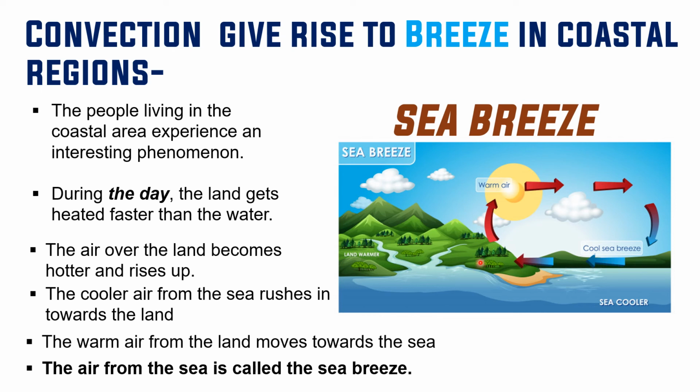This continues, and the breeze from the sea to the land is called the sea breeze. The air from the sea is called the sea breeze. This is one way convection gives rise to breeze, the sea breeze.